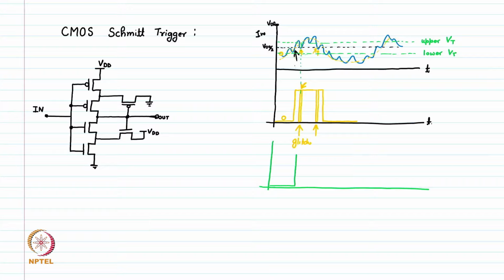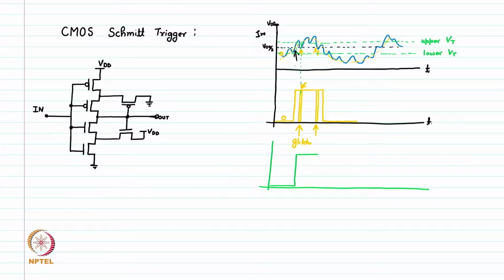So, if we have this small amount of noise in the system itself, that noise is not going to do anything because this noise is not crossing the lower Vt of this Schmitt trigger. So, this will not be detected and the signal is still detected as a high.